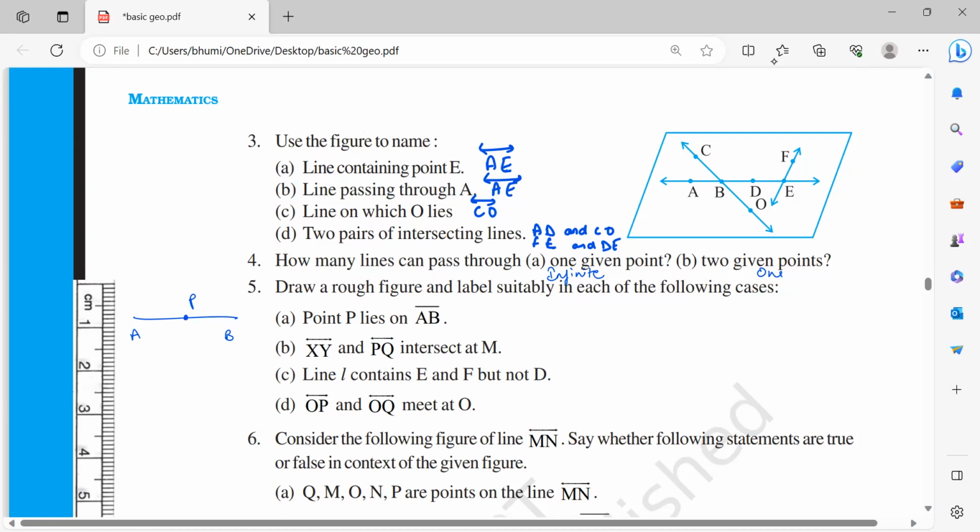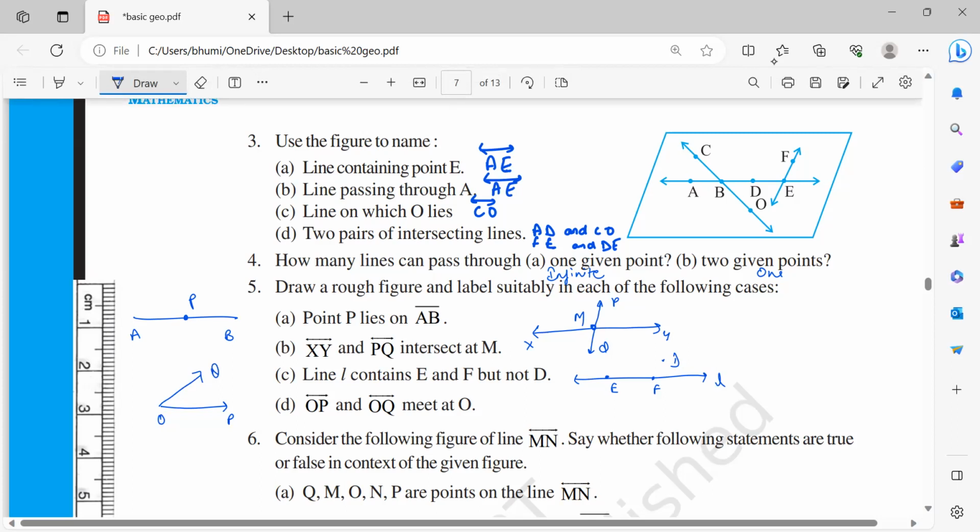XY and PQ intersect at M. So this is XY and PQ intersecting at M. Line L contains E and F but not D. Let's say this is line L. It contains points E and F but not D. OP, OQ meet at O. So OP, and OQ, it will be like an angle.